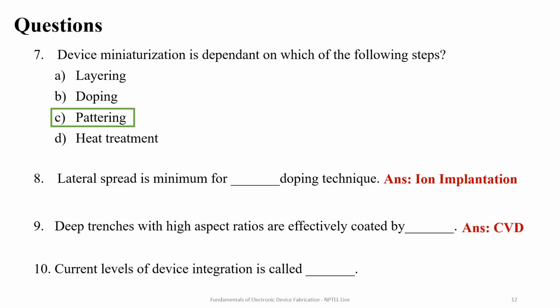The number of components per chip is 10 to the power 7 or 10 to the power 8. Yes, the current one we have is ULSI, that is ultra large scale integration. The number of components per chip will be greater than 10 to the power 6, usually in the range of 10 to the power 7 or 10 to the power 8. So that is ULSI.